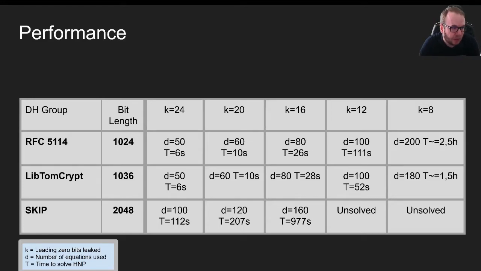What I was talking about was for 1024 bits. And it might take longer if you have a longer modulus. For the 2048 bit moduli we were not able to solve actually with an 8-bit leak. So for those cases we need more bits leaked.